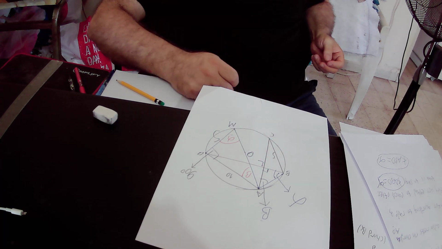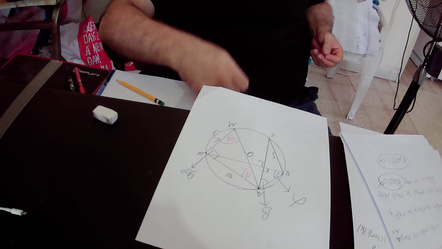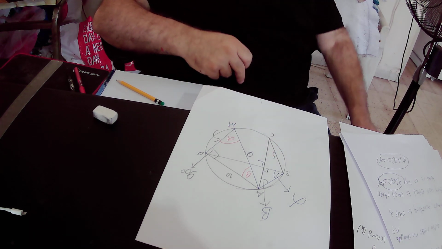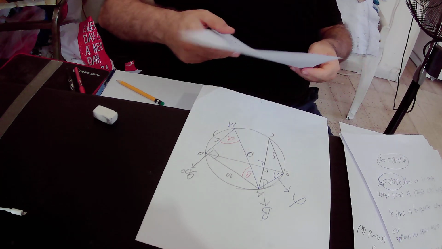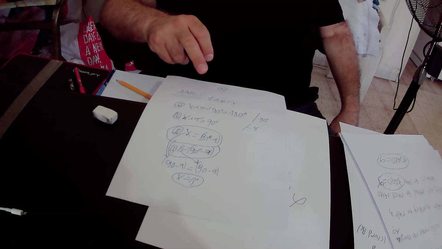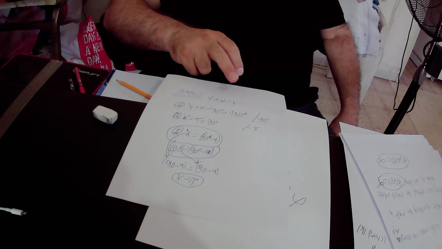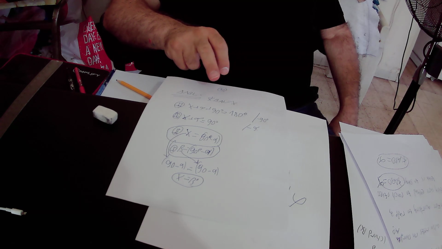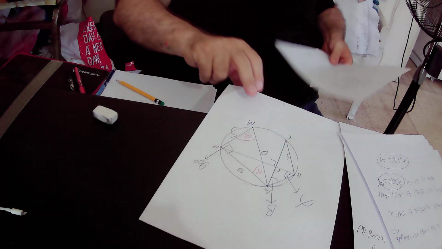And we know that the sum of the angles in any triangle, and especially in triangle ABL, equals 180 degrees. So we can write down our second equation that states that x plus alpha plus 90 degrees equals 180 degrees, or the sum of the angles in the right triangle ABL equals 180 degrees.